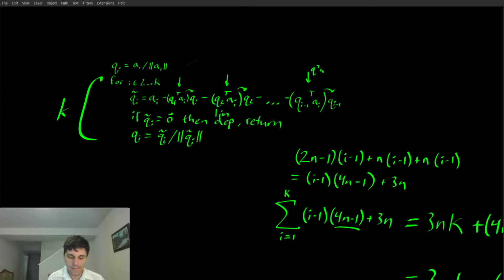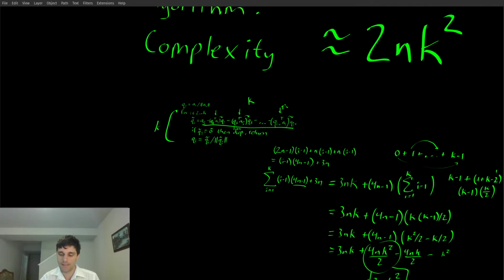And then this inner thing is also in some sense like a for loop. This is going to require order k work. It's going to grow as the number of vectors grows. So it makes sense that that's approximately k squared. And then, of course, each vector is length n, so any work that we do, we have to do n times. So just as a gut check, it makes sense that this is right.